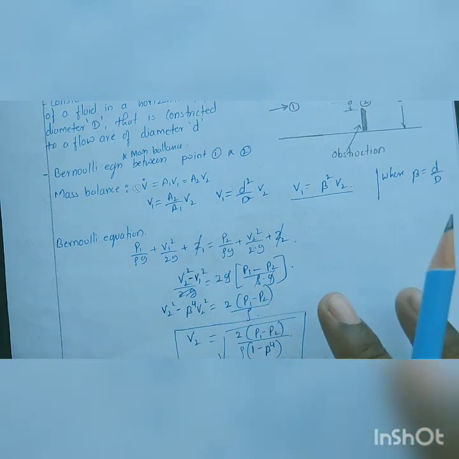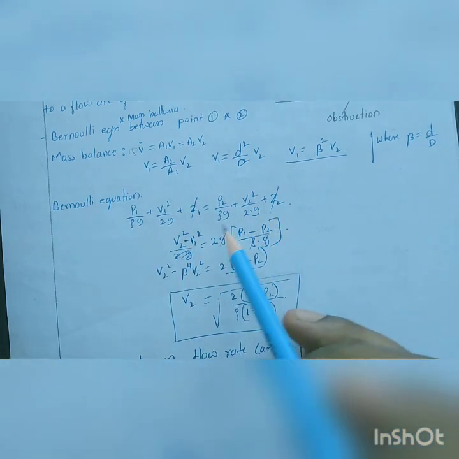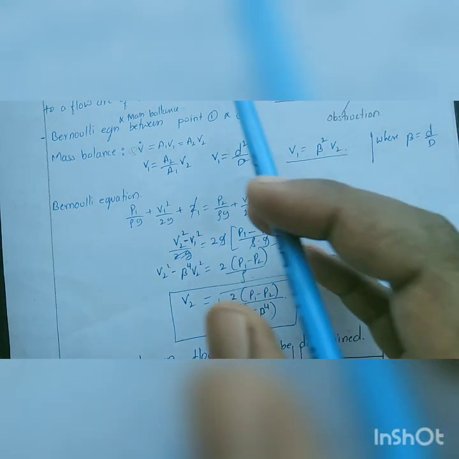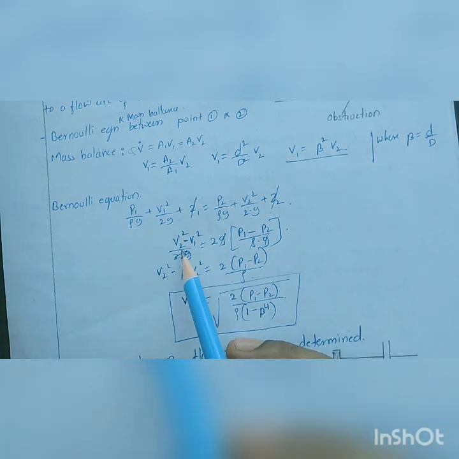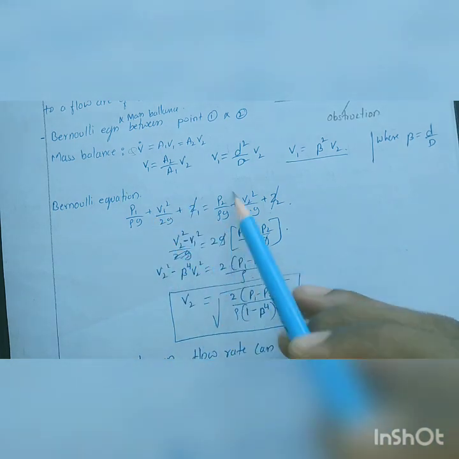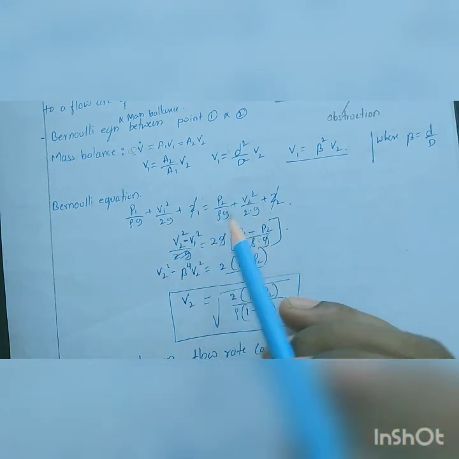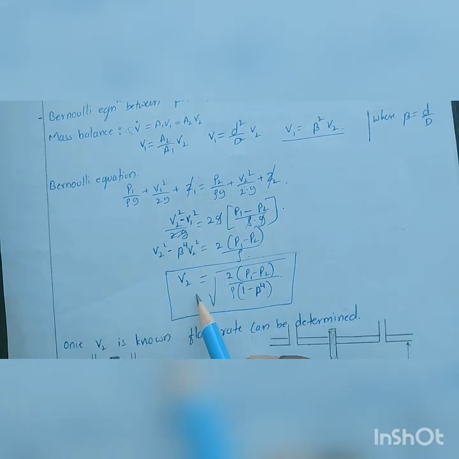Okay, so you substitute that and write the Bernoulli's equation. Z1 and Z2 get cancelled because Z1 is equal to Z2. Now you rearrange the terms, V2 square minus V1 square, and when you substitute, you will get this expression for V2.